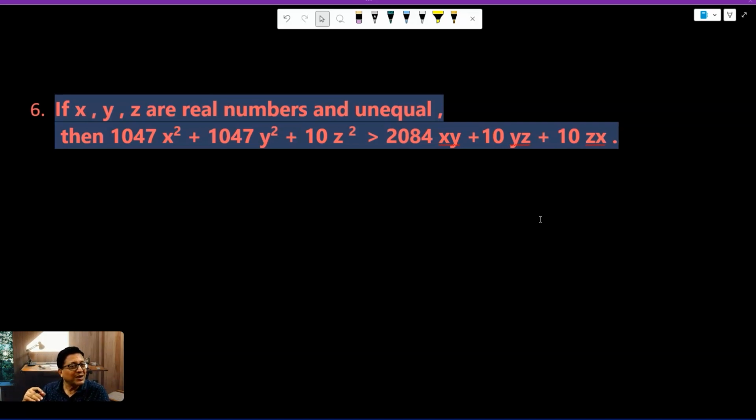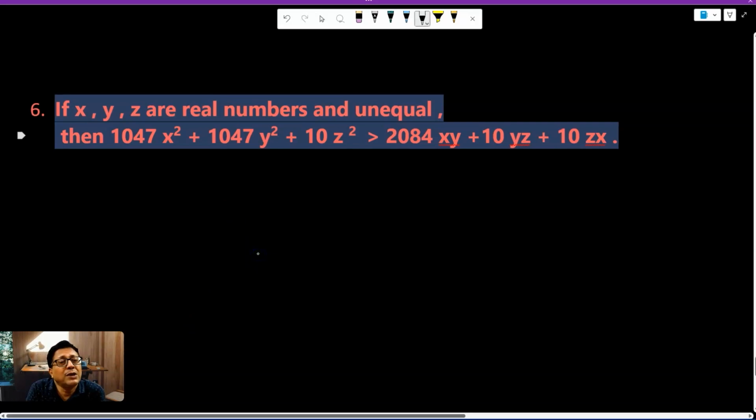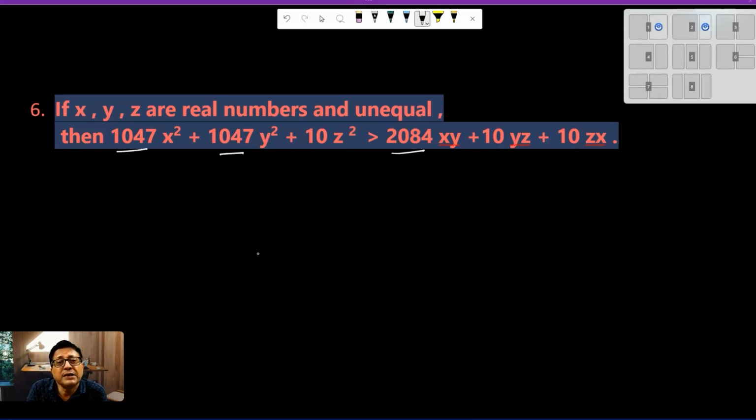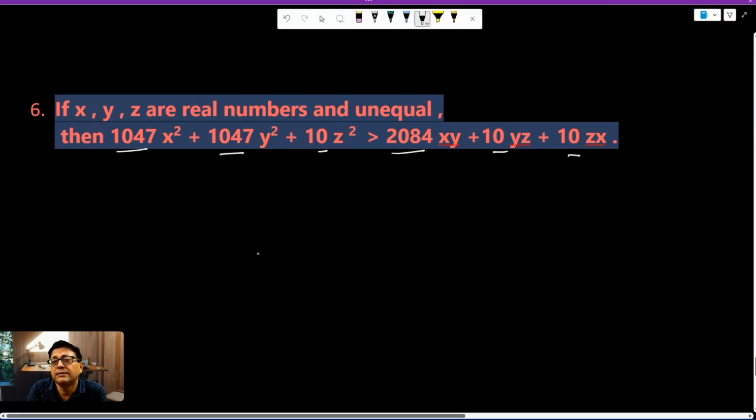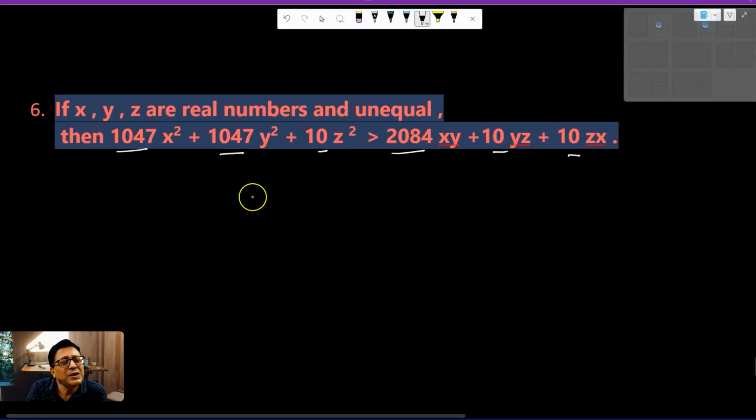When there is no way, you have to do one thing: LHS minus RHS you can start with, or start thinking about the terms given over there. Is there any relation among the coefficients here? Check. We just observe that 1047 and 2084 is double. But here it is 10, 10, 10. No link practically.